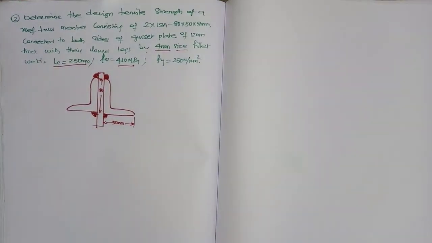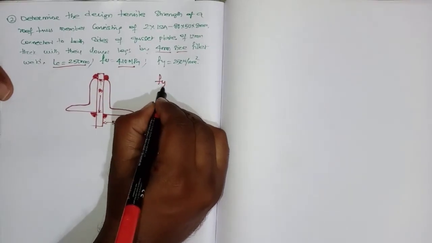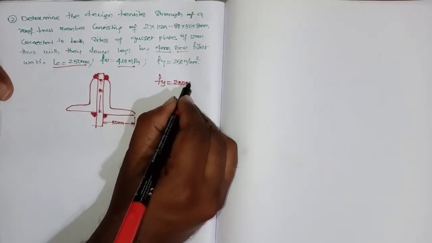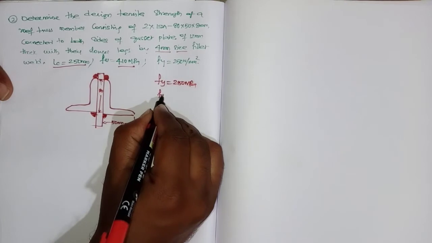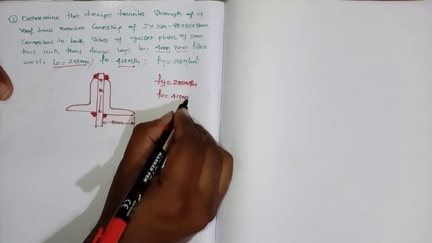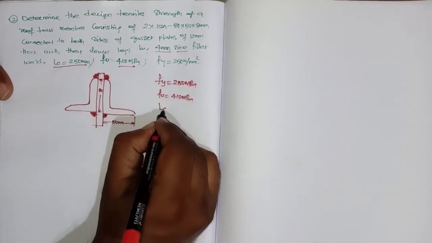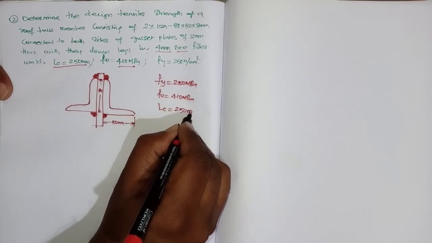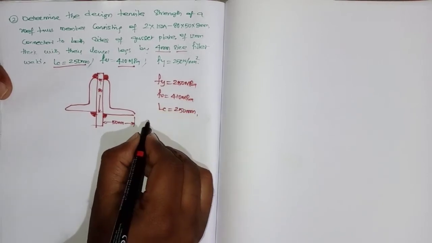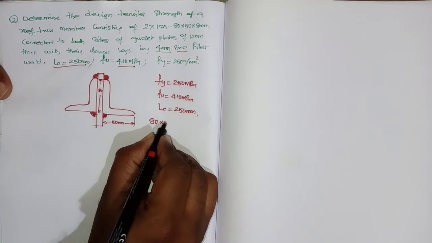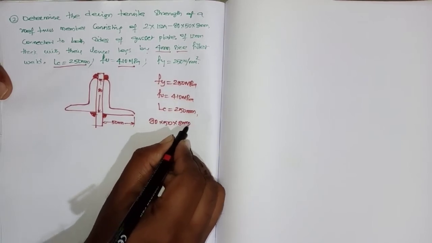Okay, what is the given data? FY 250 MPa, FU 410 MPa and LC 250 mm, and the angle section is 80 by 50 by 8 mm.